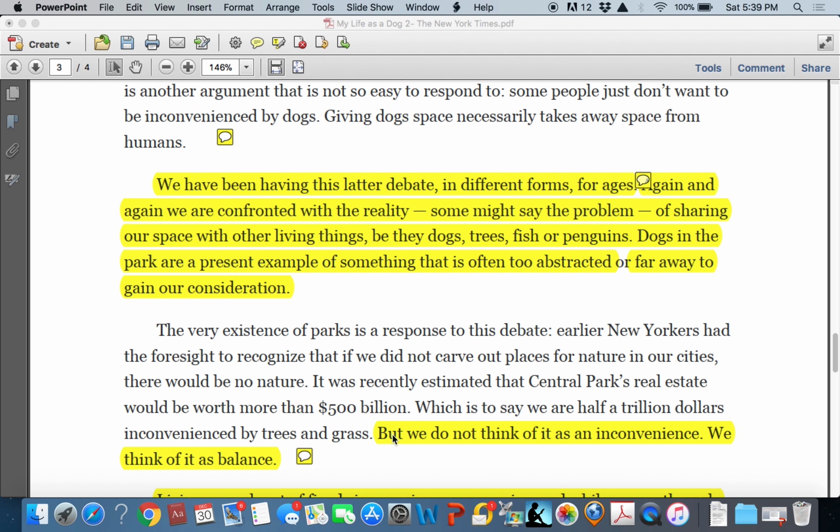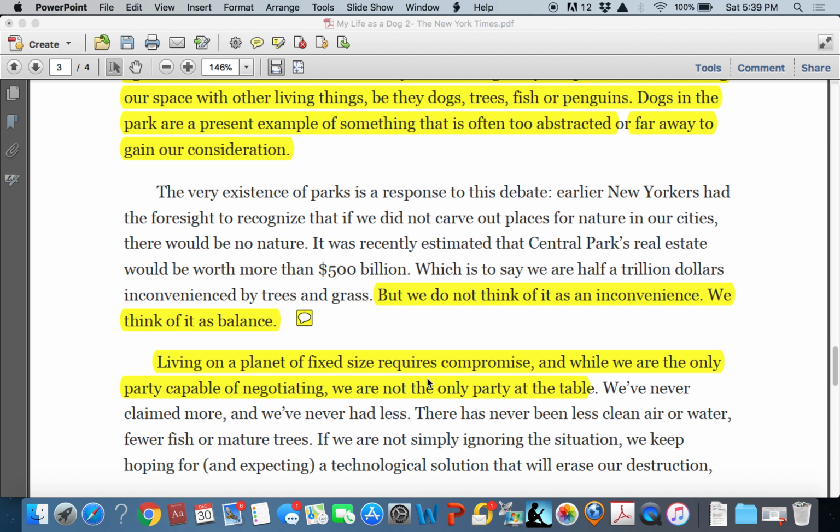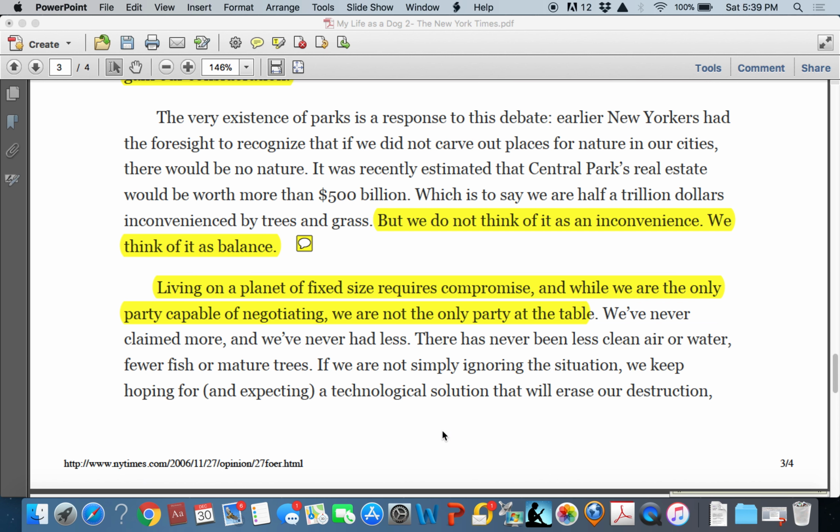We do not think of it, that is, sharing space with non-humans, as an inconvenience. We think of it as balance. Living on a planet of fixed size requires compromise. And while we are the only party capable of negotiating, we are not the only party at the table.